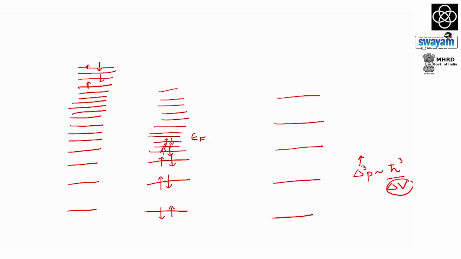So, the electrons now occupy the levels, although the system may not be completely degenerate. Since the energy levels are very far apart, they start occupying the subsequent energy levels from the bottom.